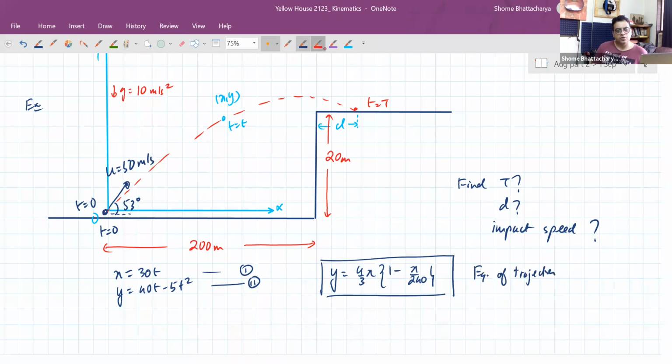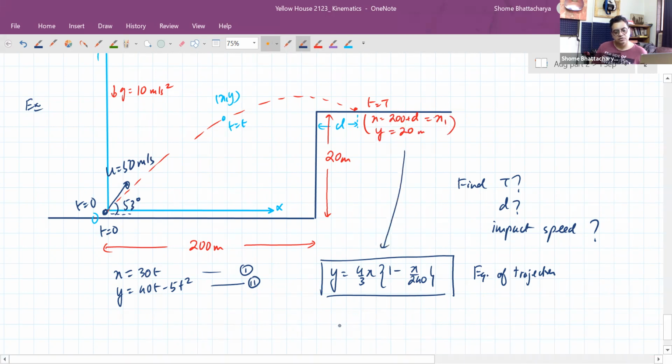At the point of impact, suppose the x coordinate, which is basically 200 plus d, is some x1, and the y coordinate is 20. You can substitute that here, and we'll get this kind of quadratic equation.